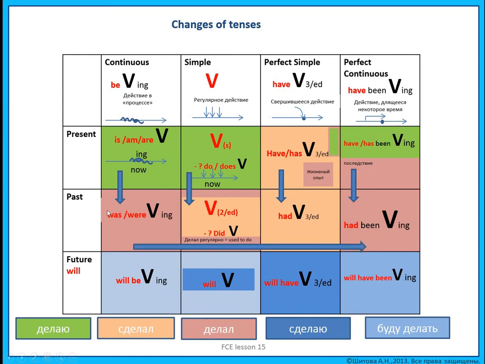Then you change past continuous into past perfect continuous and past simple into past perfect. As for future, you change will into would. All these tenses will have a new form: would be doing, would do, would have done, would have been doing.